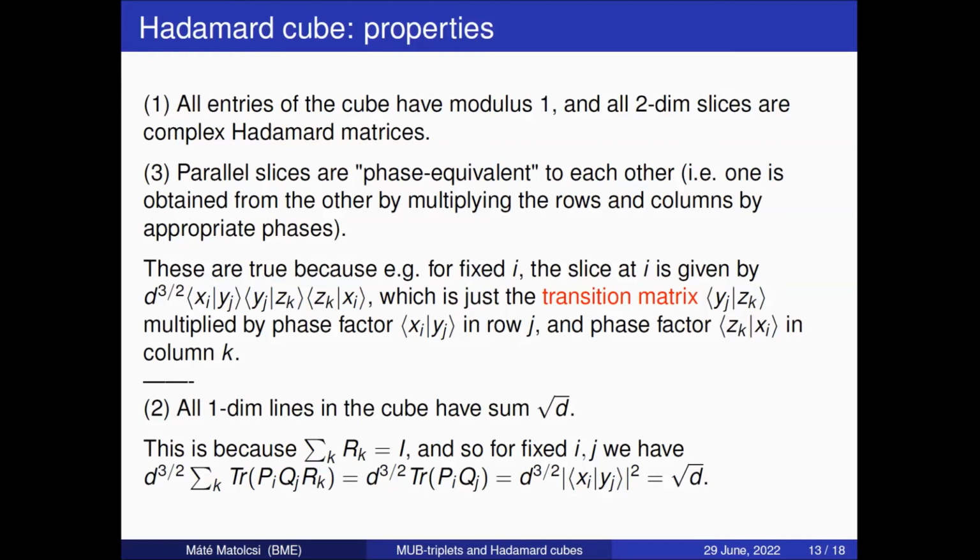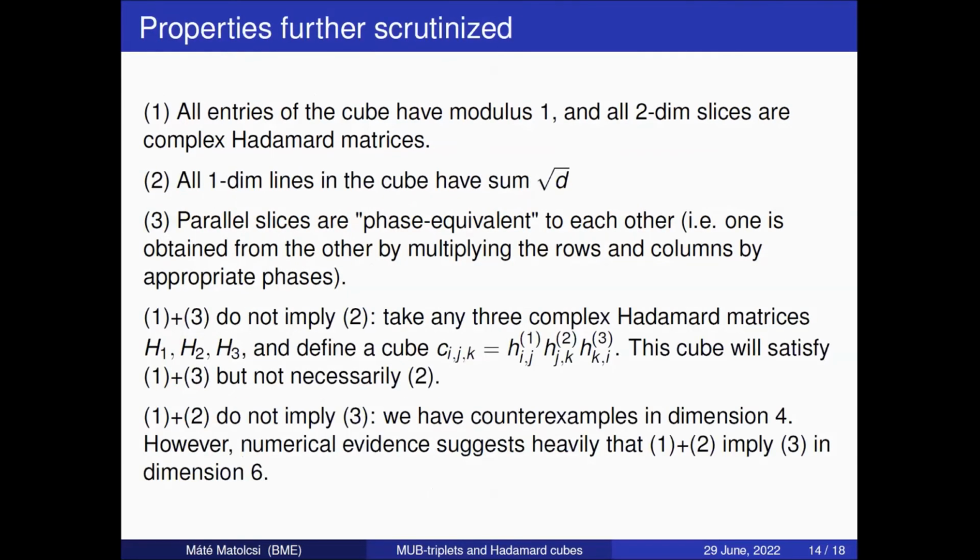The sum over k is just the identity. So basically you get trace of P_i Q_j. But if you calculate P_i Q_j trace, you just get 1 over d. So finally you get root d. So it's a very simple trick, but nevertheless, you may agree that these are very nice properties of the Hadamard matrix.